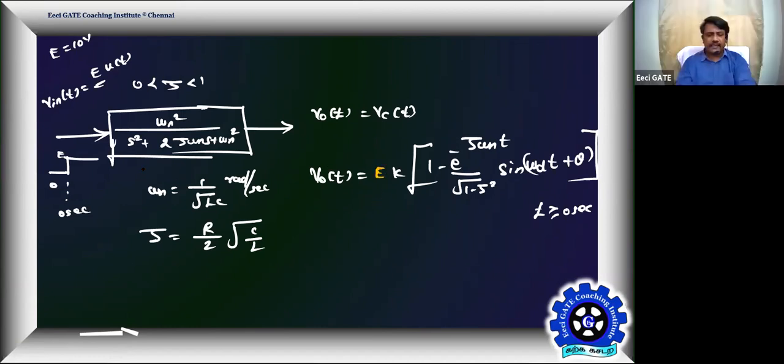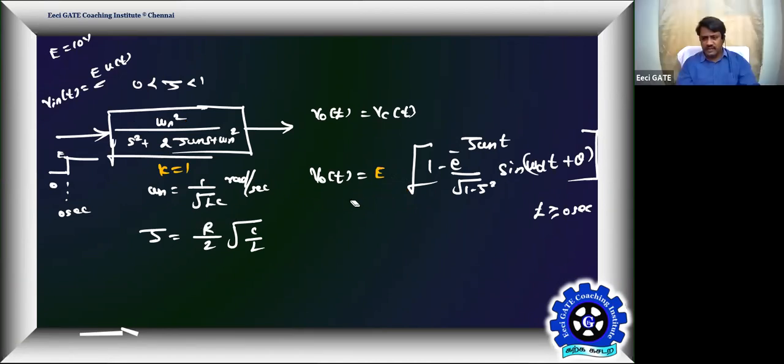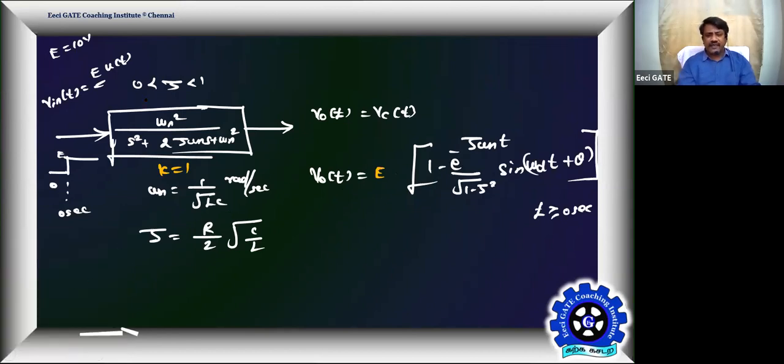And what is K? It is 1. So replace it by 1. Therefore the output response will be V naught of t equal to E into this transient, if it is underdamped, that's the only condition. If it is an underdamped second order RLC circuit, that's your response.